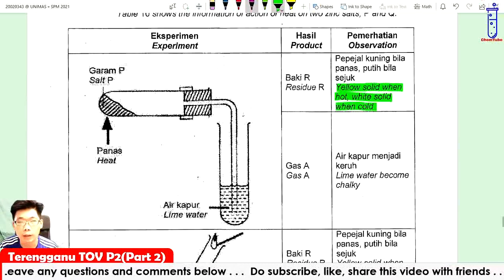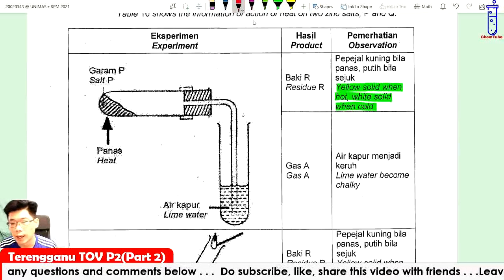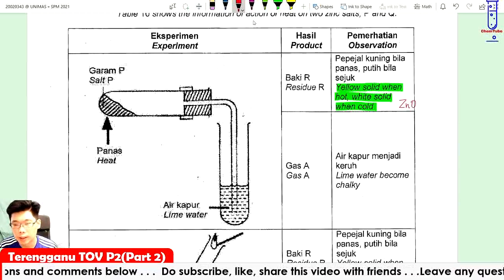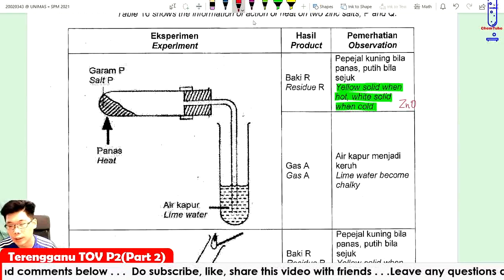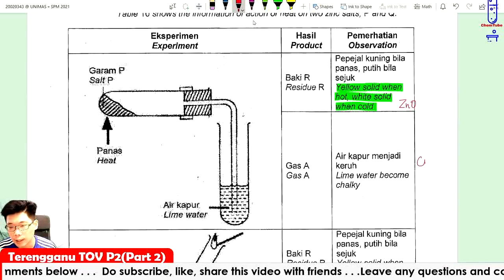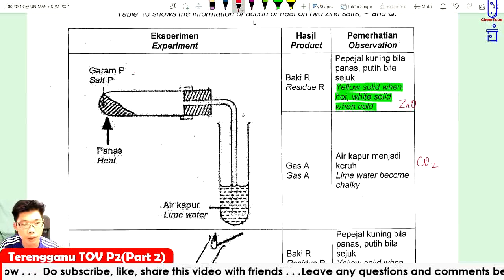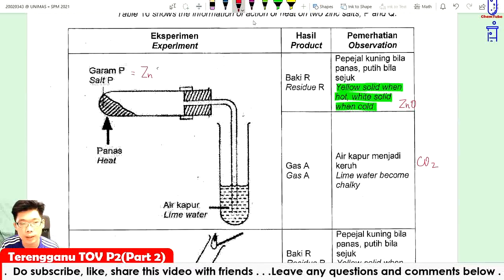So this one you have to know under the salt chapter. So this one is zinc oxide, it's fixed. Then lime water turns cloudy, meaning that it has carbon dioxide released. So in other words, the salt P, you have to know it is zinc carbonate.